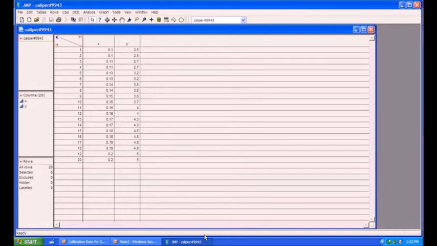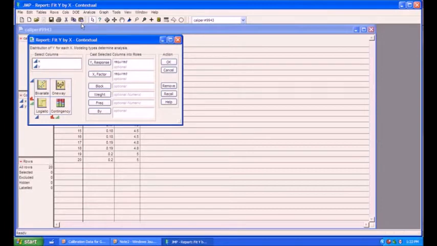And regression analysis in JMP, at least simple linear regression analysis, is done by using this Fit Y by X facility in JMP. My response is what I've called little y. My factor is what I've called little x.